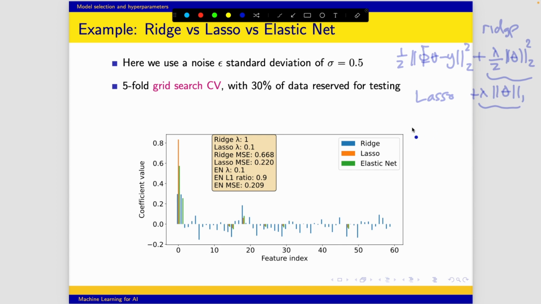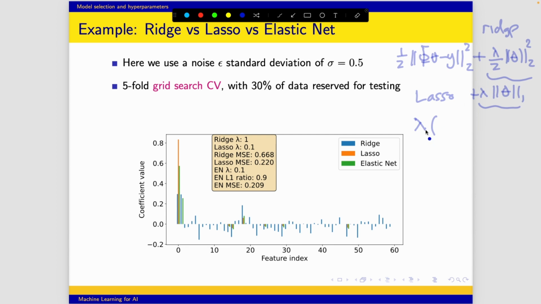And in Elastic Net, what we do is we combine these two. So we solve this plus, now let me write it this way, lambda, so we're only going to use one lambda rather than two lambdas.